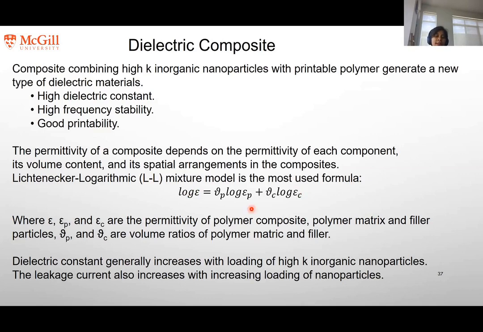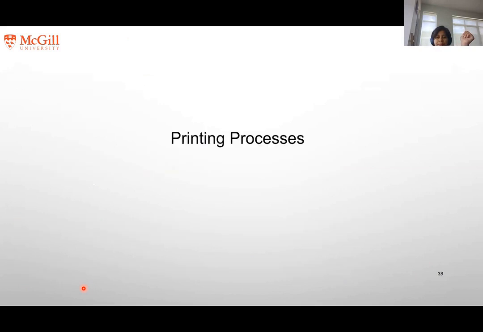Even just looking at the equation, you can see that the dielectric constant generally increases as you increase the loading of the nanoparticle, but also the leakage current increases with the increase of the nanoparticle loading. So you have to be careful when you make this type of composite for dielectric, about what will be the best optimized volume percentage that you mix with the polymer.